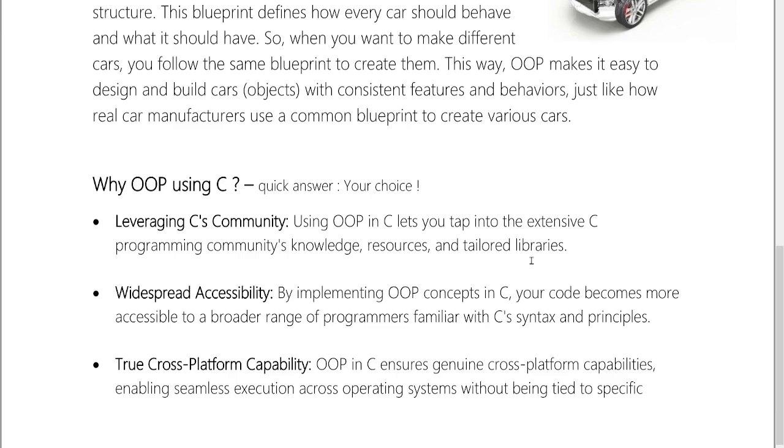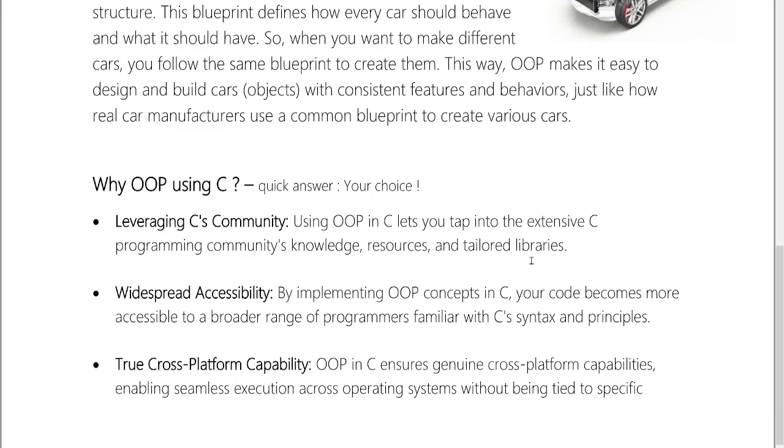Another advantage is accessibility. By implementing object-oriented programming concepts in C, the code becomes more accessible to a broader range of programmers. There are many C programmers, many communities, and it's still taught in universities in structured programming courses.